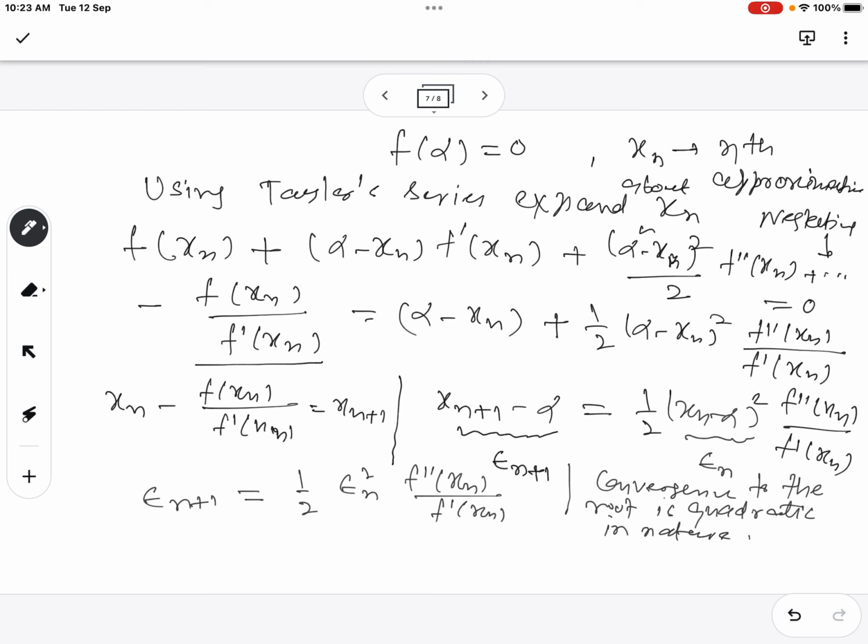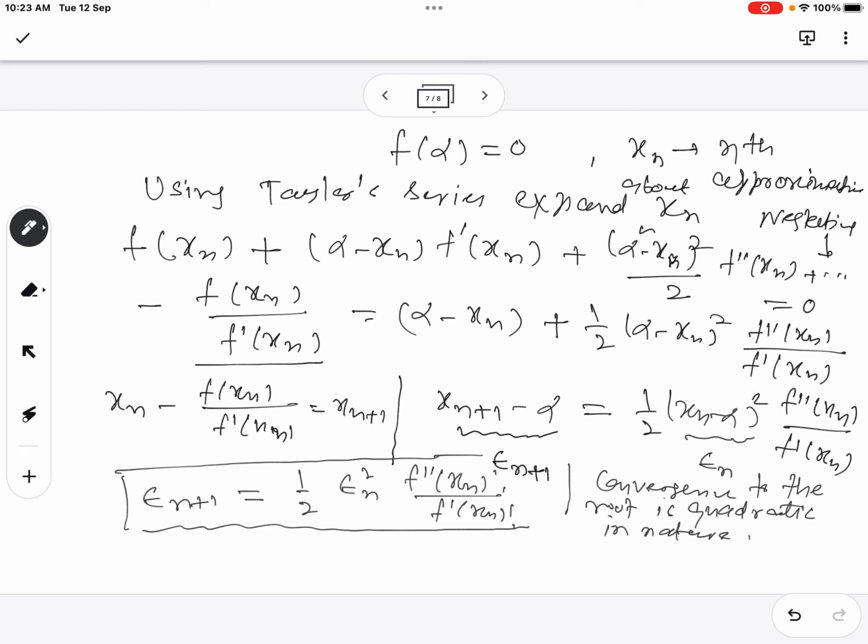So if I start with the initial approximation close to the root, then the successive approximations will converge very fast, very quickly, as compared to the fixed point iteration method, because there the convergence to the root was linear. Here convergence to the root is quadratic or second order.